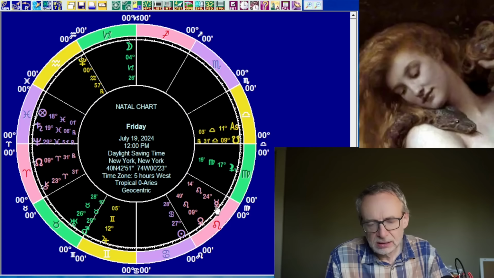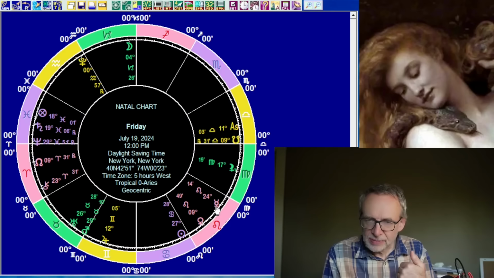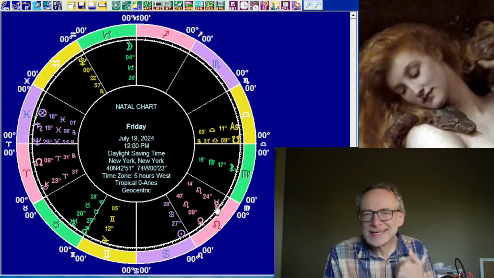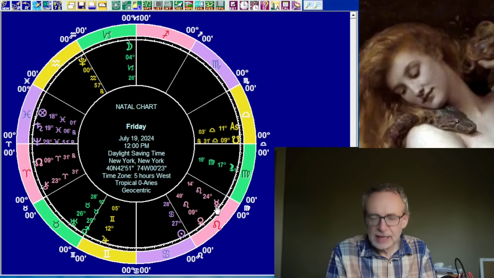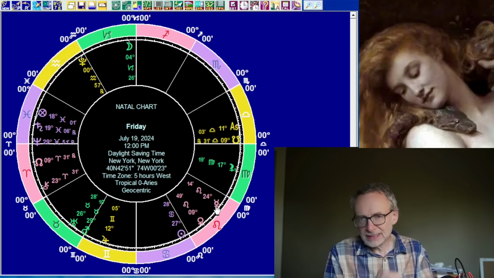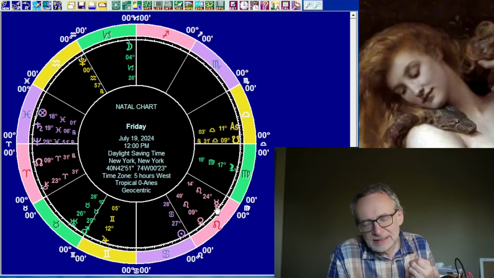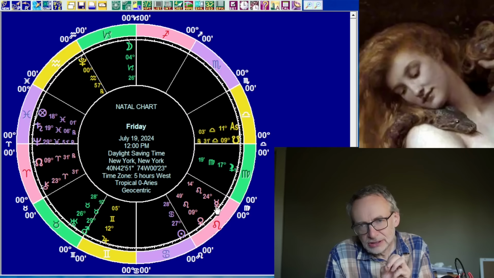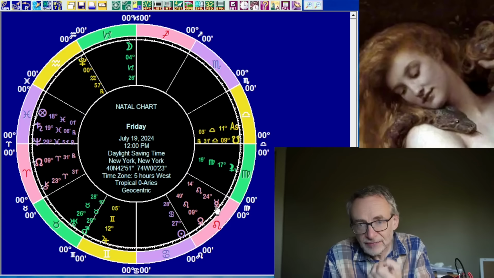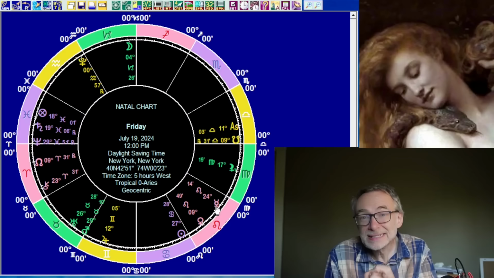Then, when it got to 6 Gemini, it didn't just have face; it had term as well. So it moved into its own term. So it had double dignity by term and face, minor dignities, but you put it together, and we had quite a fortunate Jupiter. And then at 10 degrees Gemini, Jupiter lost some strength because it was no longer in its face. So it still had 2 degrees left where it was in its term.